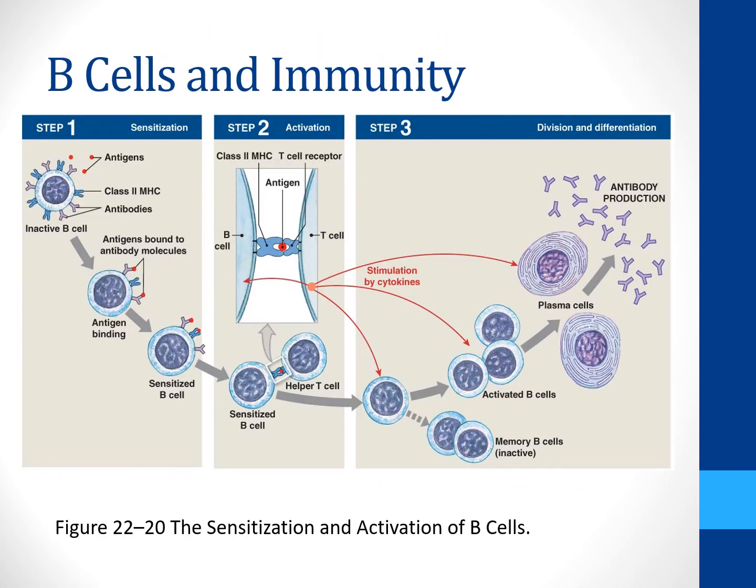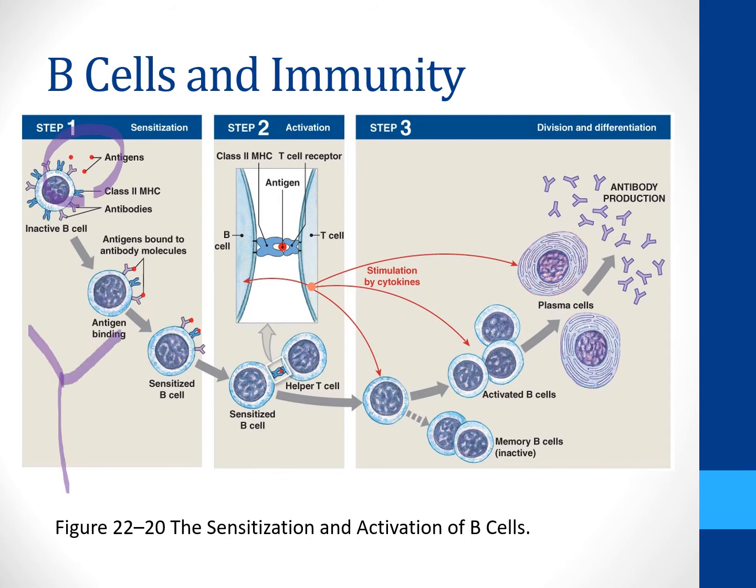So let's look at this in pictures. I always think pictures are easier than words. So step one over here is sensitization. So the B cell is getting sensitized. We've got this B cell, and these antigens are going to come and bind to the antibodies on the B cell. Antibodies are Y-shaped like that.